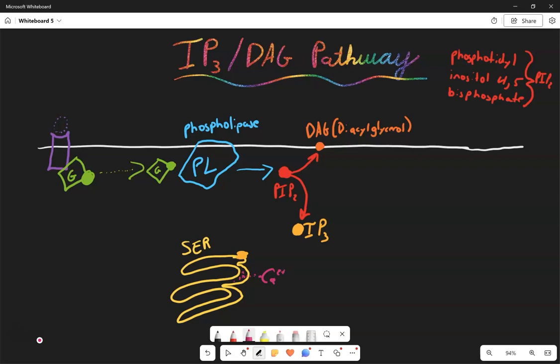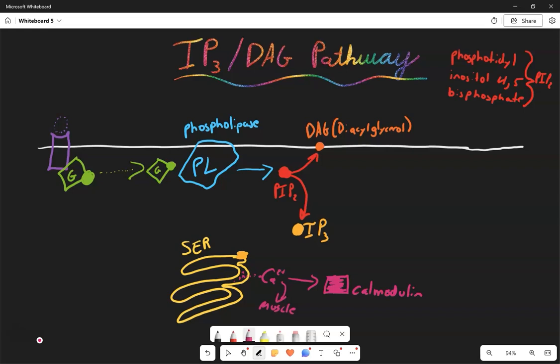Now, calcium can do a variety of different things from this point on, depending on the cell. It can be involved in muscle contraction, or it can interact with another molecule known as calmodulin. And calmodulin can then go off and activate something else.